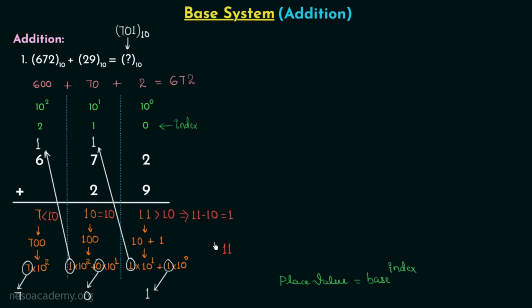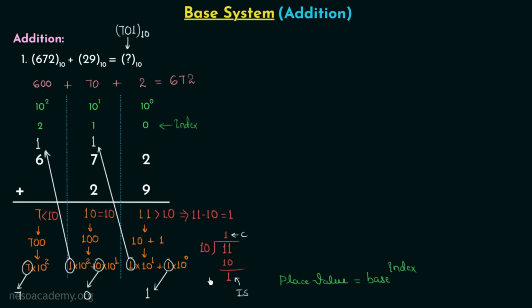And to find out the carry and the intermediate sum, we will divide 11 by the base, which is 10. 11 when divided by 10 will give us quotient equal to 1, and the remainder will also be equal to 1. And the quotient is our carry, and the remainder is our intermediate sum. And this method is called as division by base method.